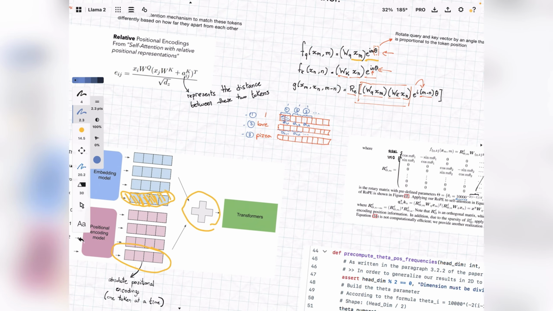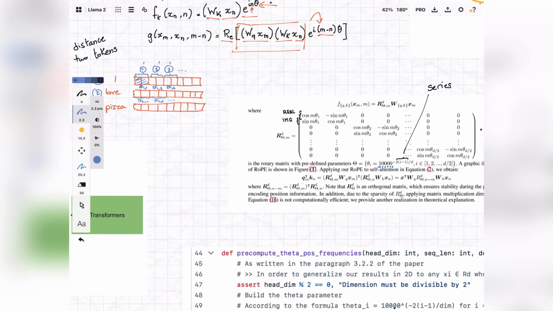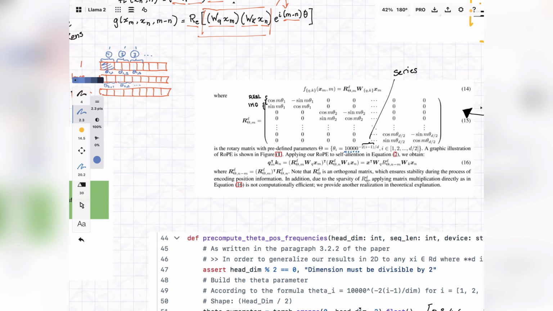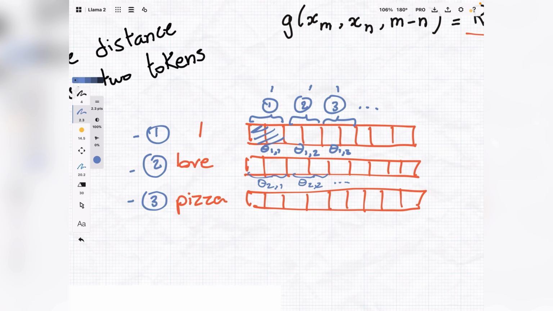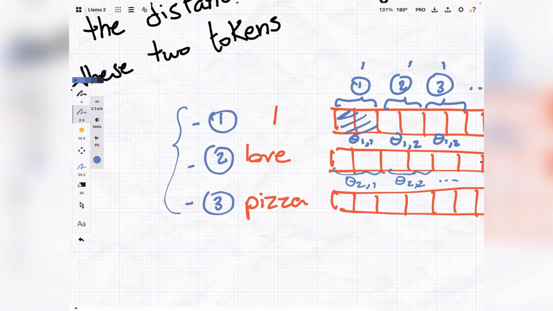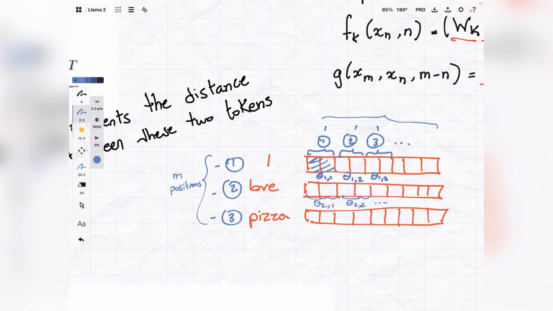Let's go a bit into the code here. You can think of this sequence as having m positions, and think of this sequence as thetas, where every theta is for a pair. So actually we're going to need m times theta combinations.